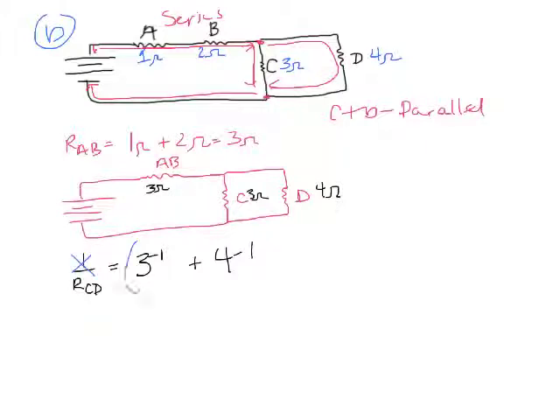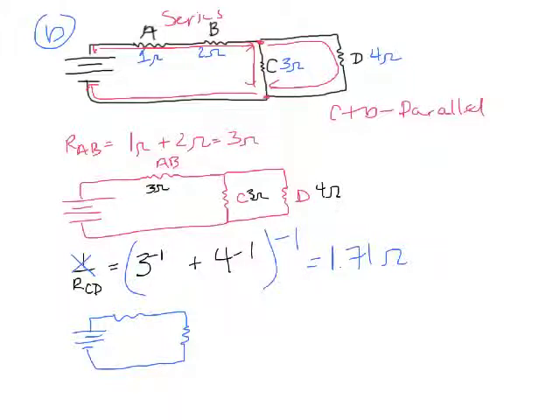We can get rid of that 1 over if we do our inverse again. Okay, 3, negative 1 plus 4, negative 1, negative 1 gives us 1.71 ohms.